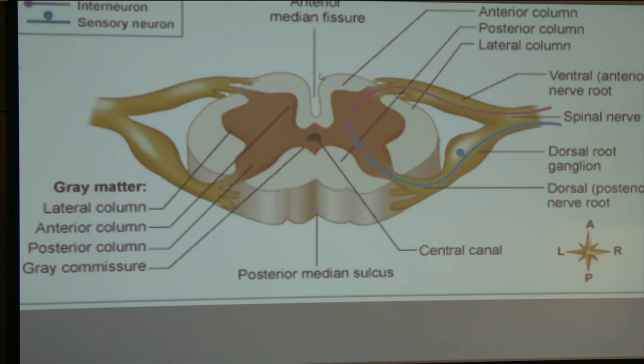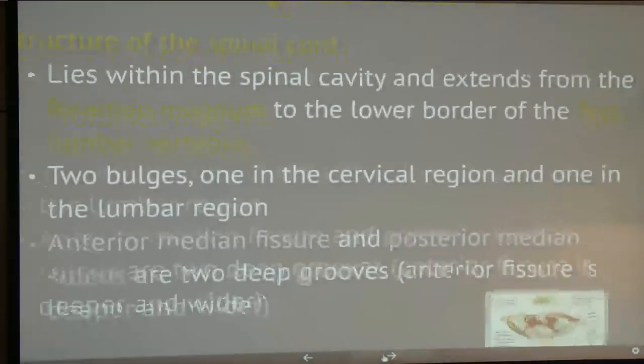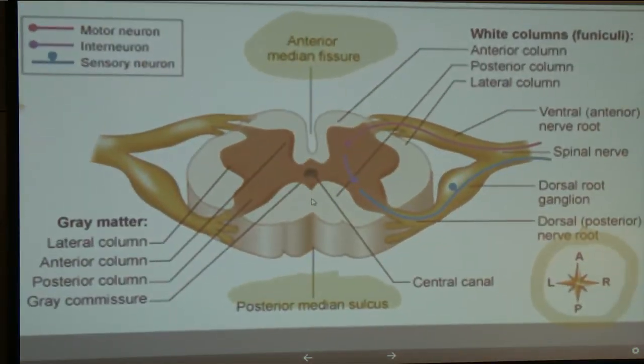So you can always tell which side is the front and which side is the back. Okay, so this picture right here, yet again, just highlights what side is anterior, what side is posterior. Now, there's a little review from the last chapter.